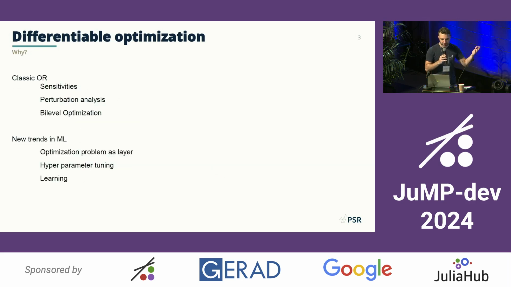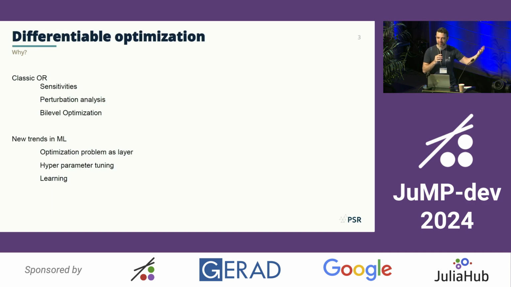Besides Andrew's applications, I like to mention that we can use differentiable optimization for a few different use cases. One of them is in classic operations research, to compute sensitivities, perturbation analysis, or even solve bi-level optimization problems. But also, like Andrew was saying, there's a bunch of new ML stuff, and you can put your optimization problem as a layer in between neural networks.